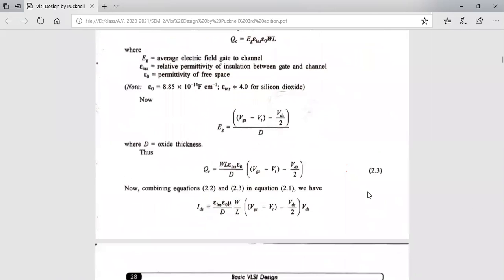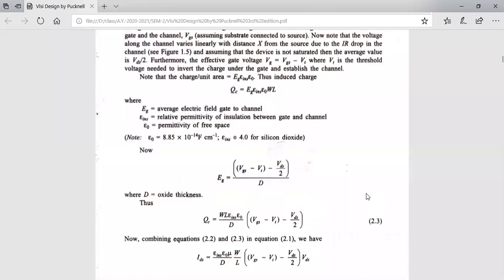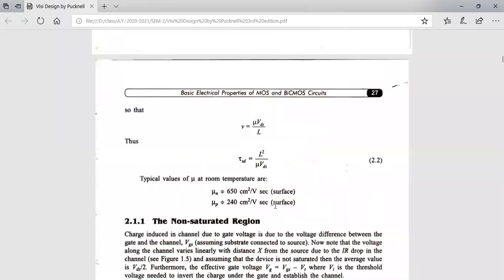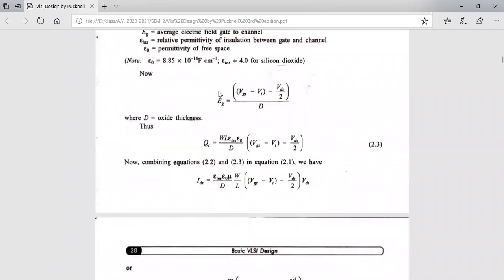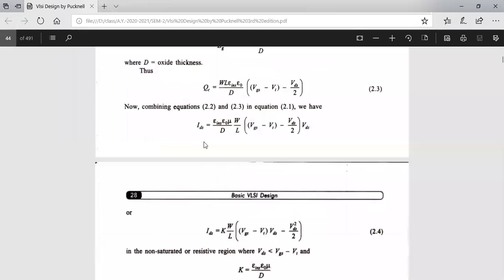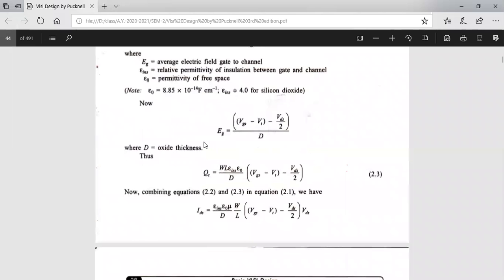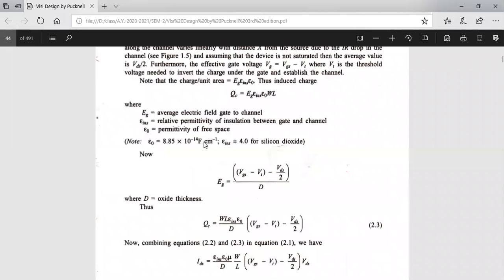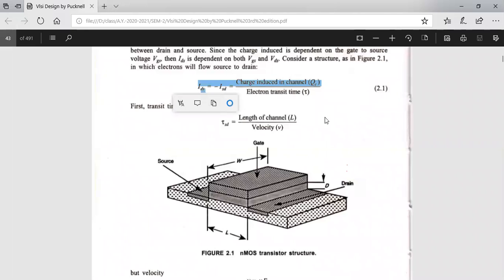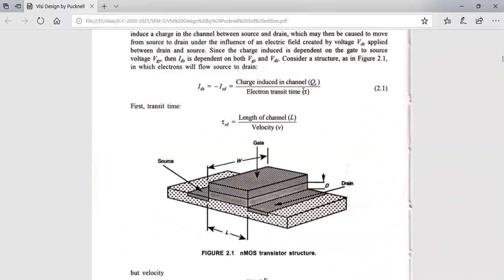Now combining the total equations 2.2 and 2.3, how do we get the relation for IDS?